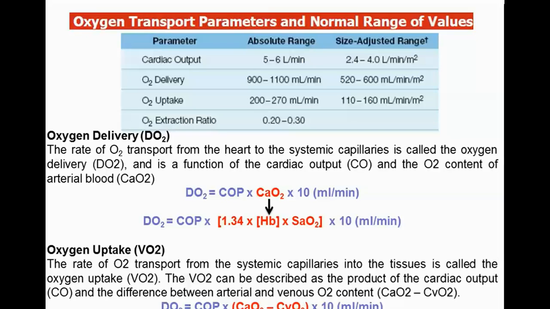Oxygen content is in milliliters per deciliter, so if we want it per liter, we multiply by 10, so that both are in liters. So it will be 1.34 times hemoglobin times saturation times cardiac output, which gives the oxygen delivery. Let's guess how much it will be. As we said, the oxygen content is how much?